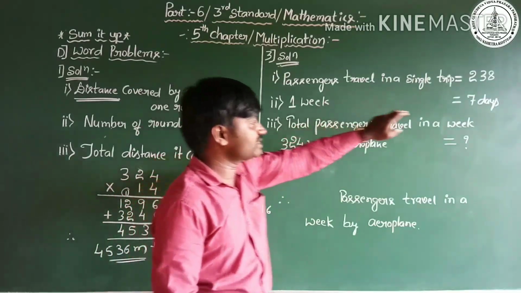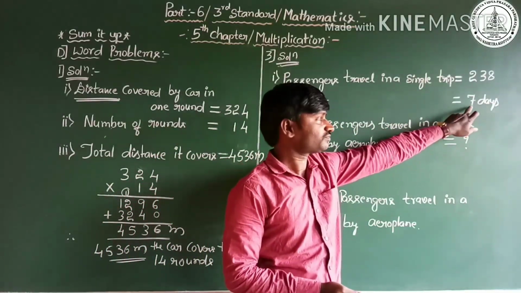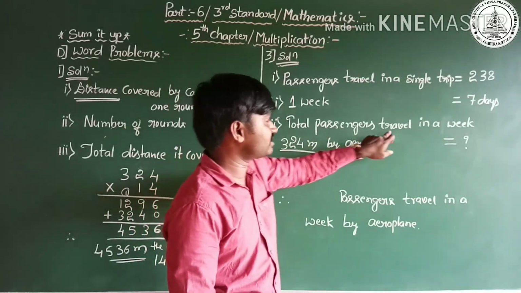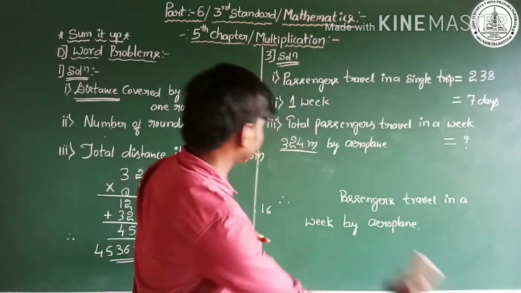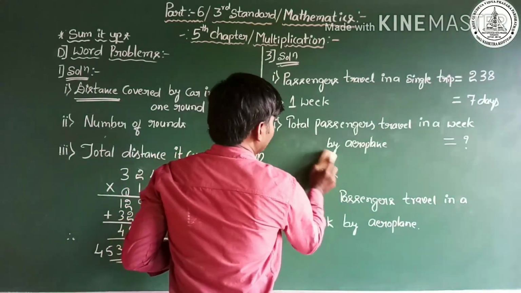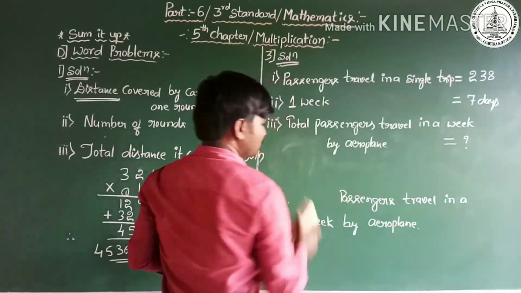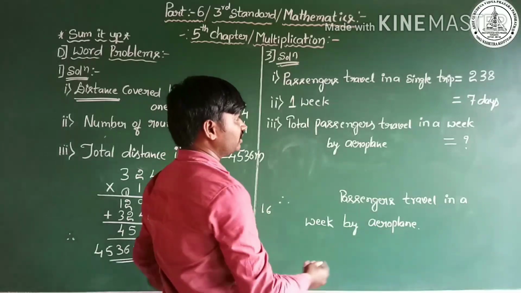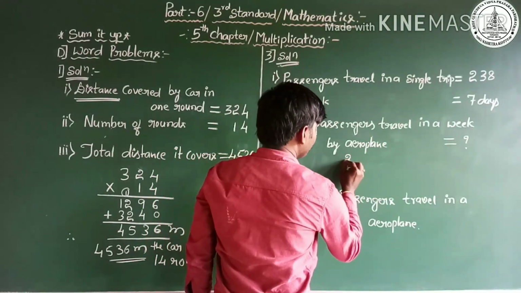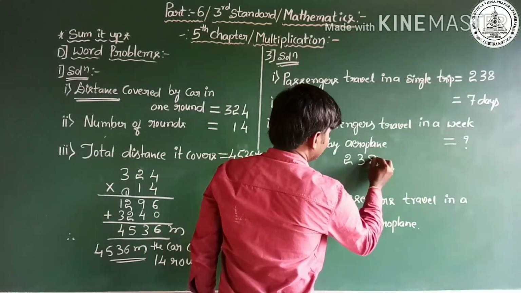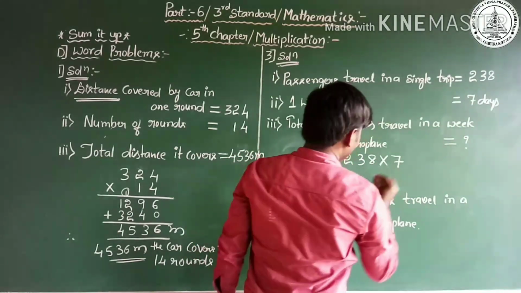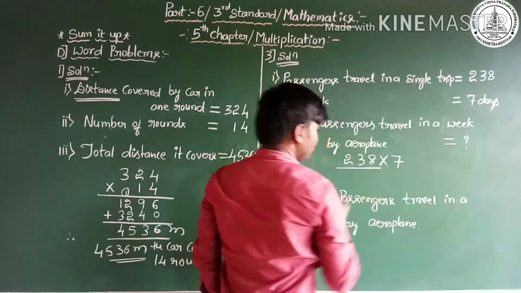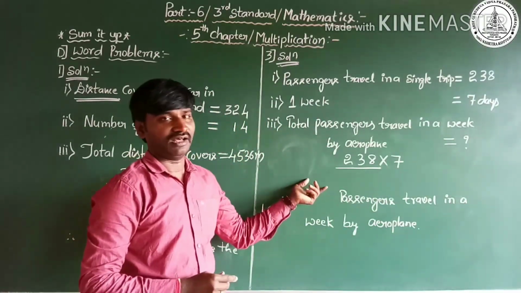You know, a week means 7 days. The total passengers travelling in a week by aeroplane is the question. Yes, dear student, shall we find it? 238 passengers into how many days? 7 days. 1 week is equal to 7 days. Now you multiply, you get the answer.